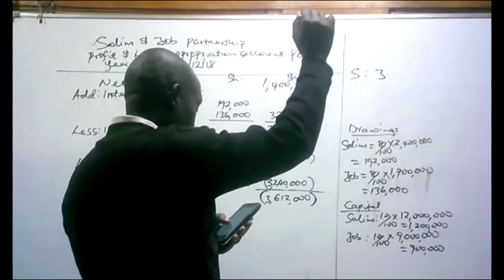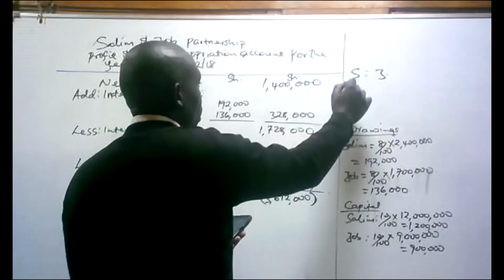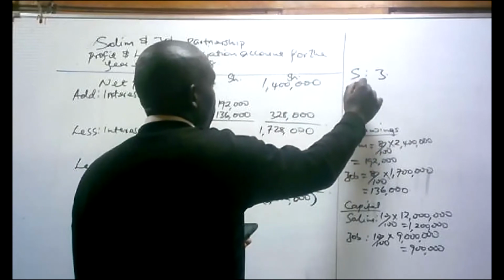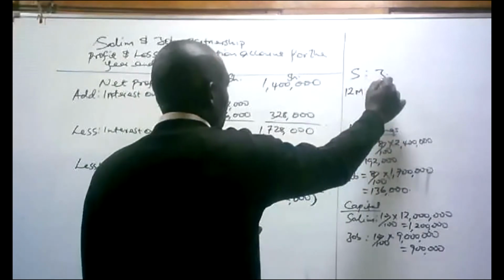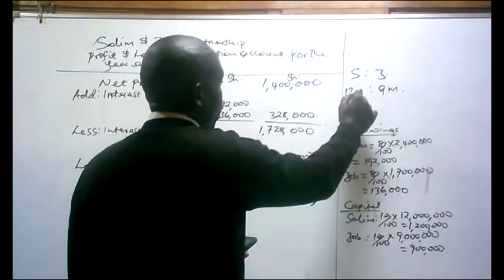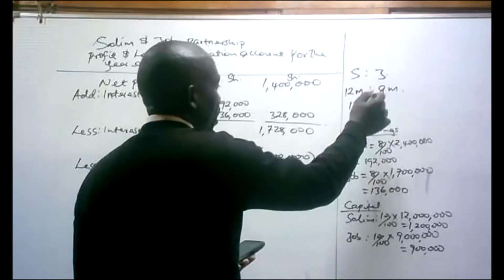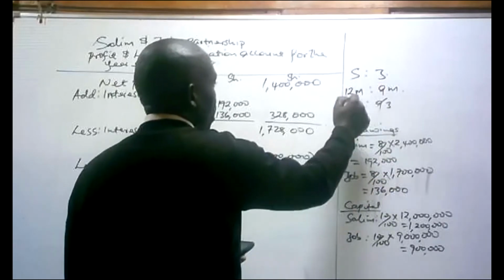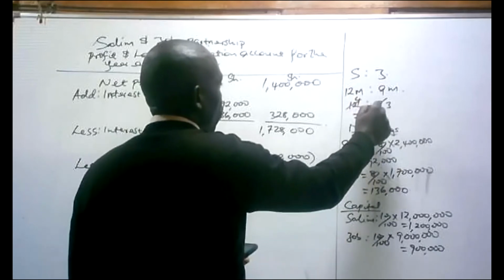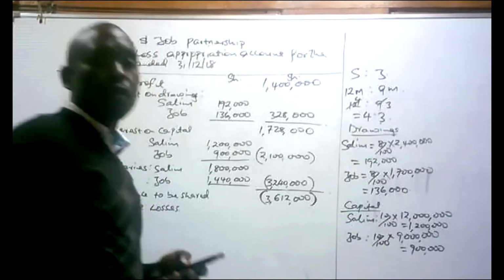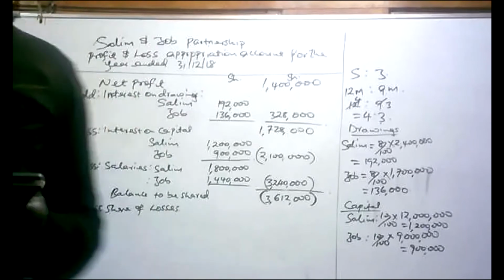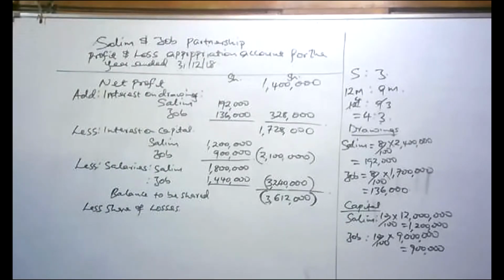Salim contributed 12M, the other one contributed 9M. So the ratio here is 12 is to 9, which can be simplified by 3 to 4 is to 3. From the capital contributed, we can get the ratio of each.